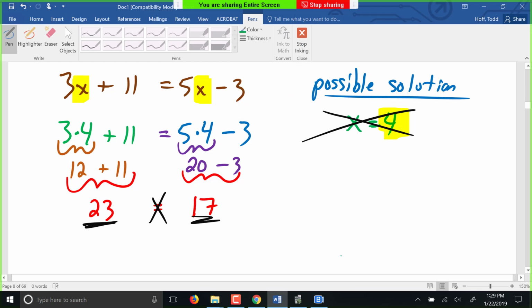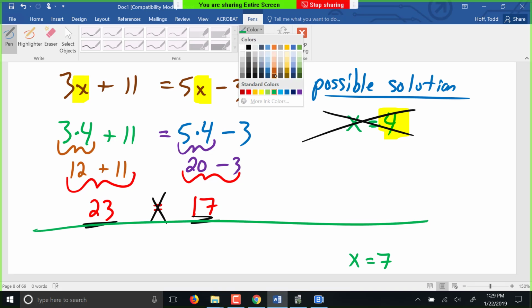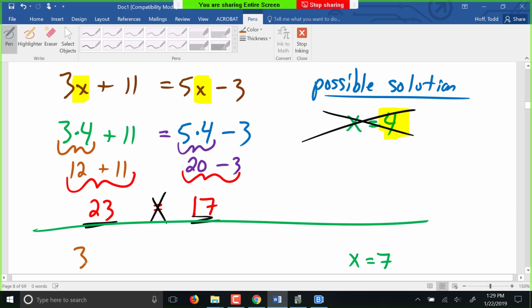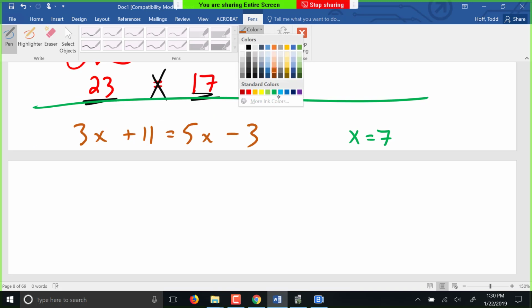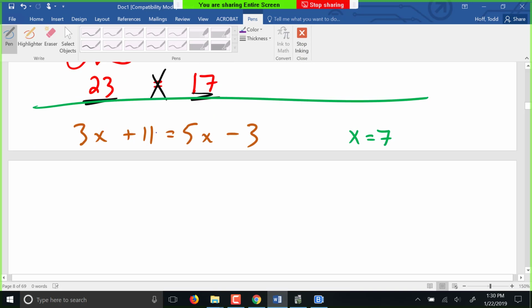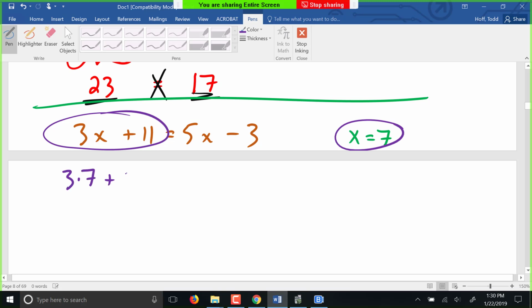So the next solution I want you to test is x equals 7. Still using the same equation, 3x plus 11 equals 5x minus 3. What's the left side going to become as we substitute in 7? 3 times 7 plus 11.